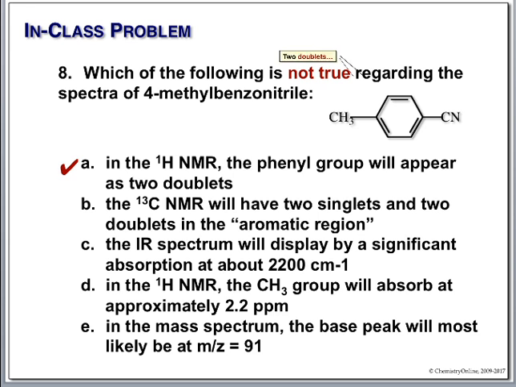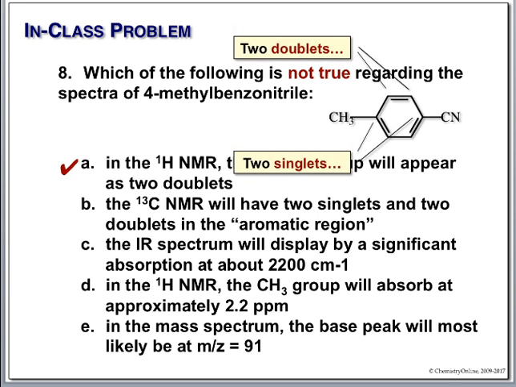So here we have carbons bearing hydrogens, and each of those will appear as doublets. So this is one doublet, has 1 hydrogen attached. This is the other doublet. It also has 1 hydrogen attached. These and these are the same.